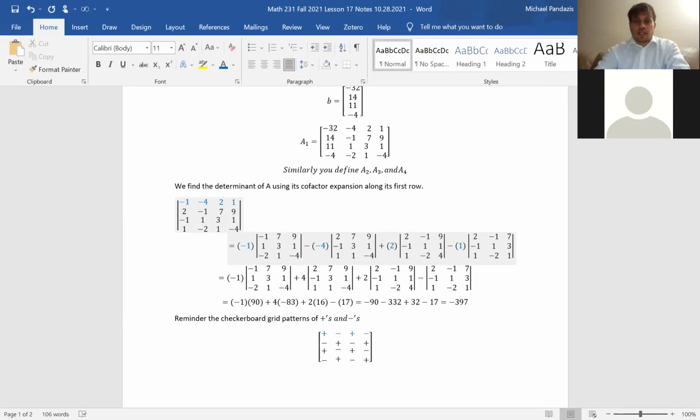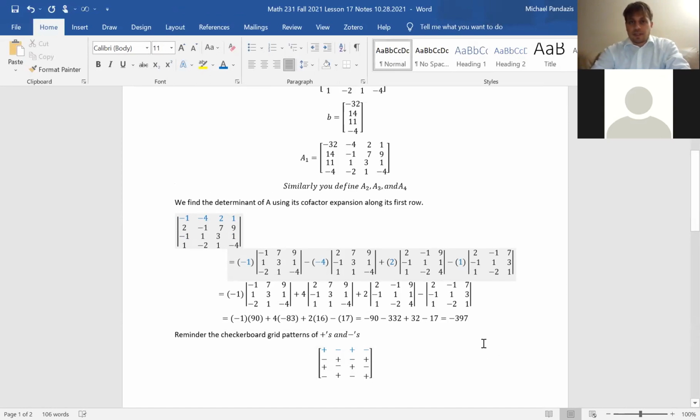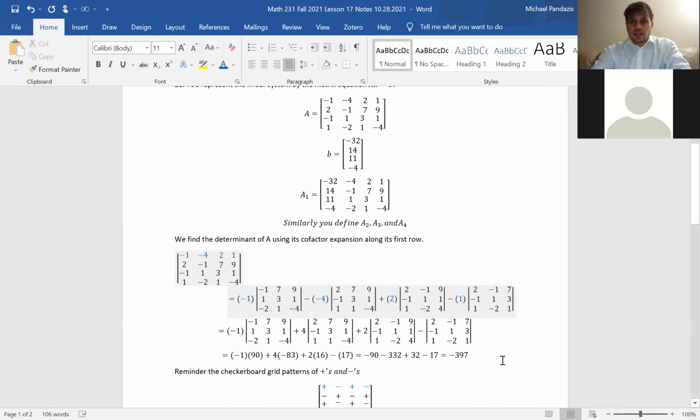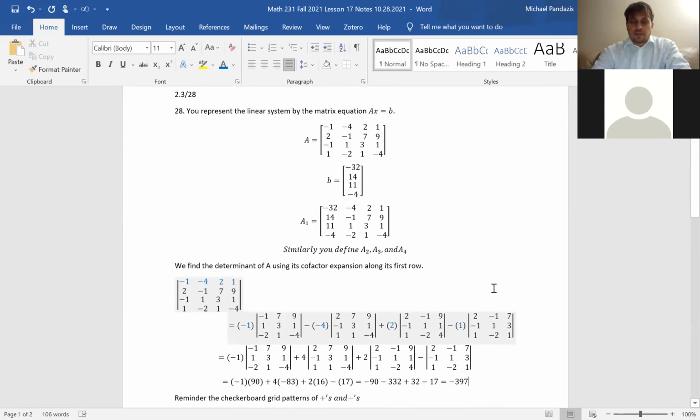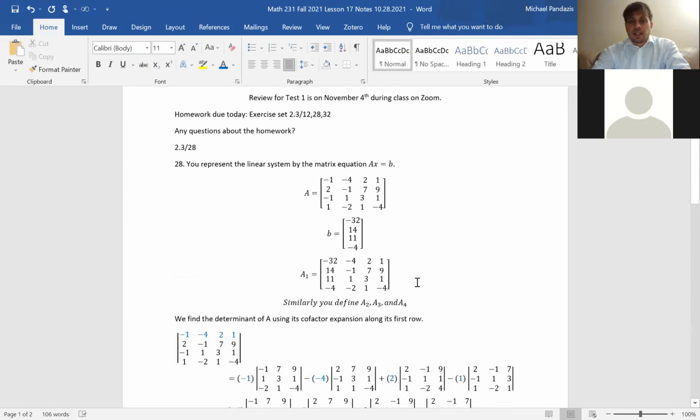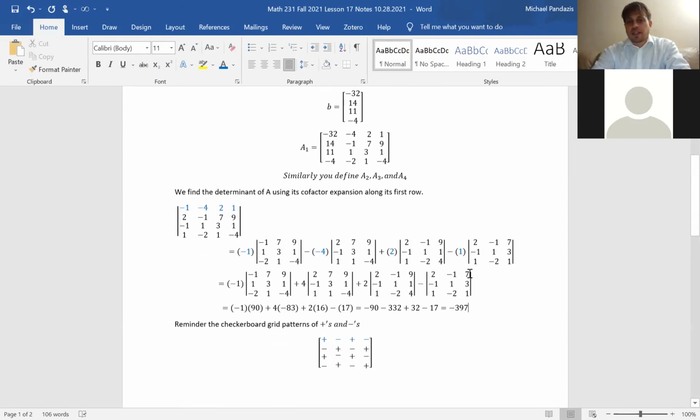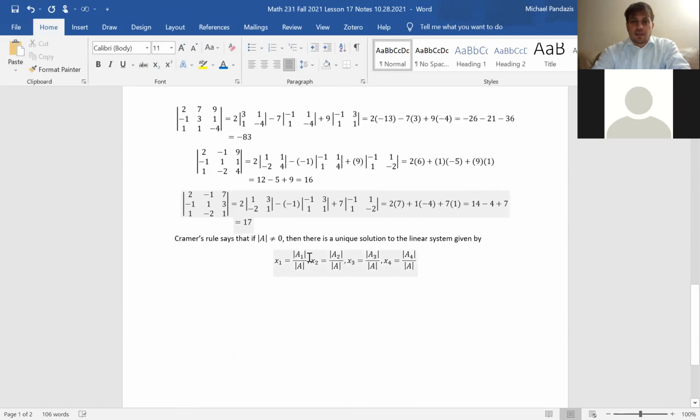Okay, that's the value I got. That makes sense? Okay, so this is the determinant for A. So then we would have to do this 4 other times for A1, A2, A3, A4. Right, but then you just plug in. It's an easy problem. It's just a lot of calculations. Does that make sense?